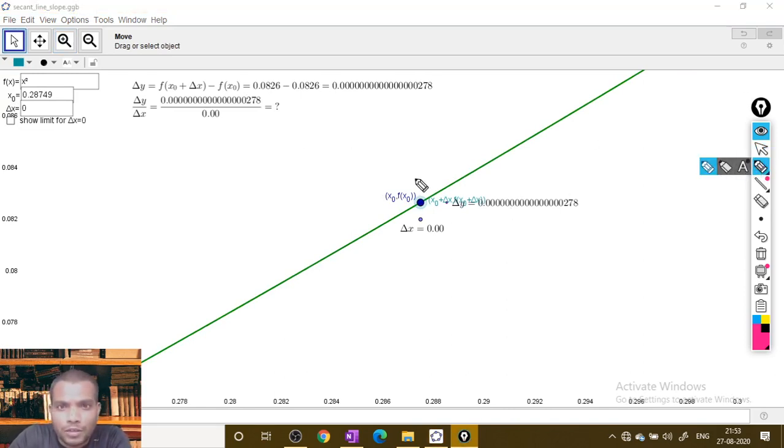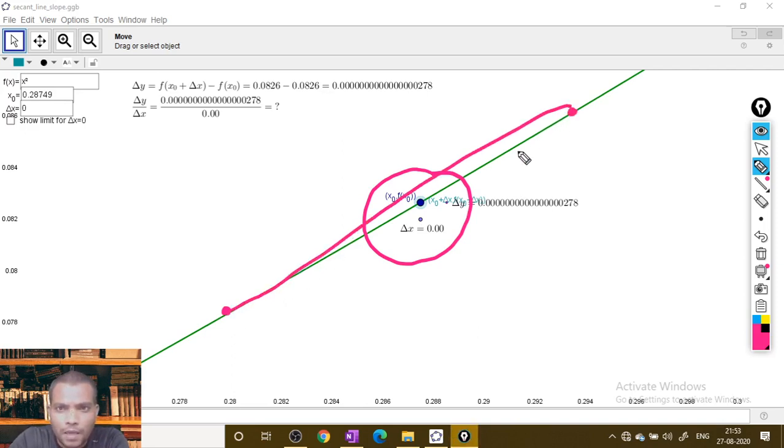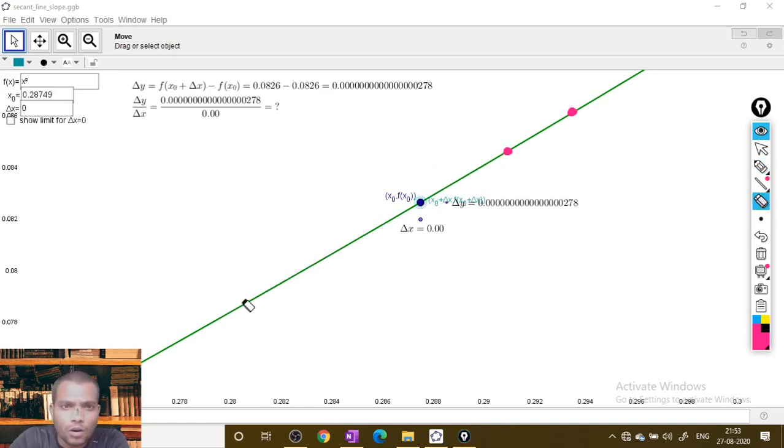This is the key point. Earlier the 2 points were separated, so we found the slope by using this line. Again I brought the 2 points a little closer, and again we found it. Then I brought them even closer. Finally I reach a location where the 2 points are one upon another.